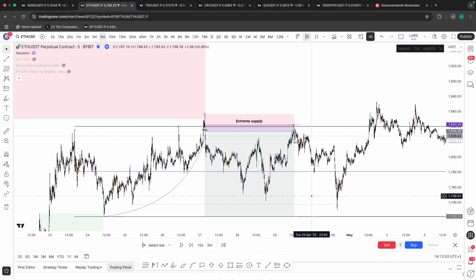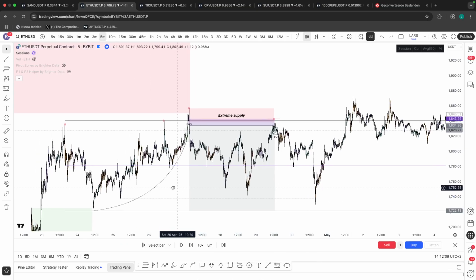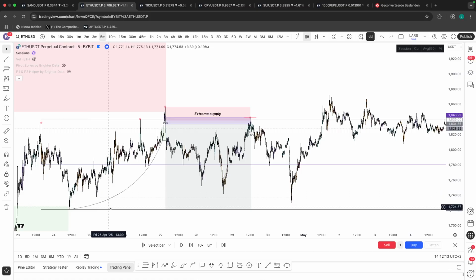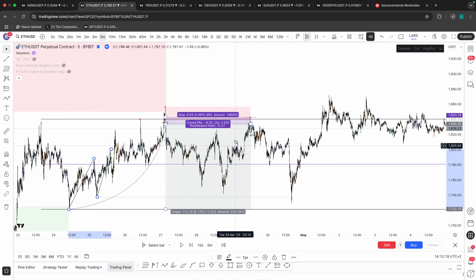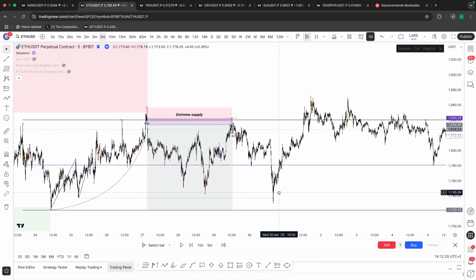Now from there, price rotates back down towards the extreme opposing liquidity, where you can see that that is that first higher time frame, higher low, the most obvious higher time frame, higher low within the range that price retraces back into, and therefore we are sweeping right here the opposing extreme liquidity.